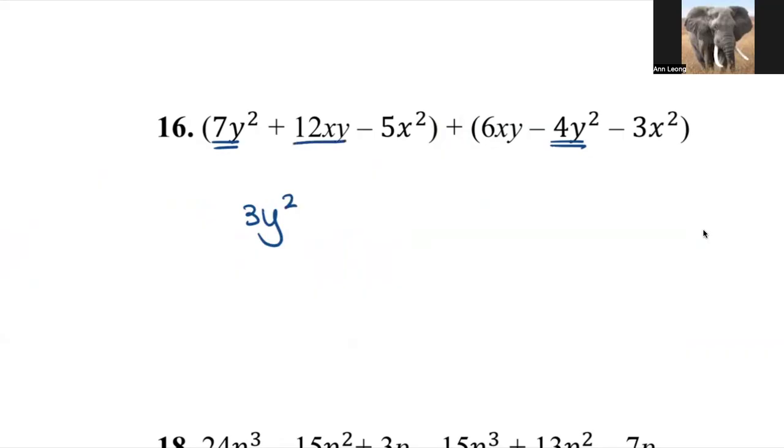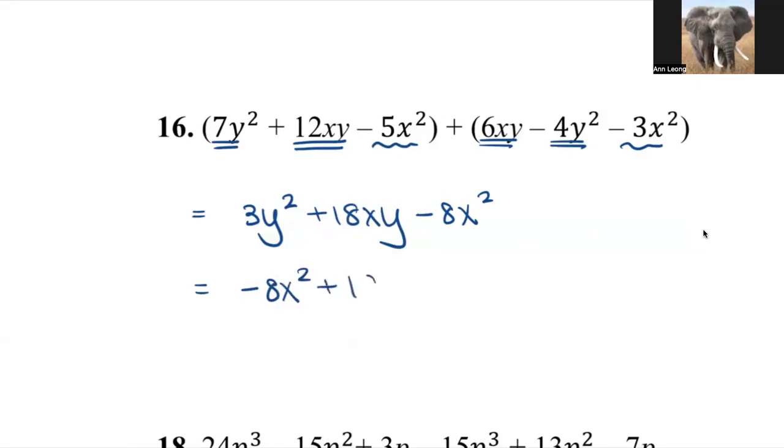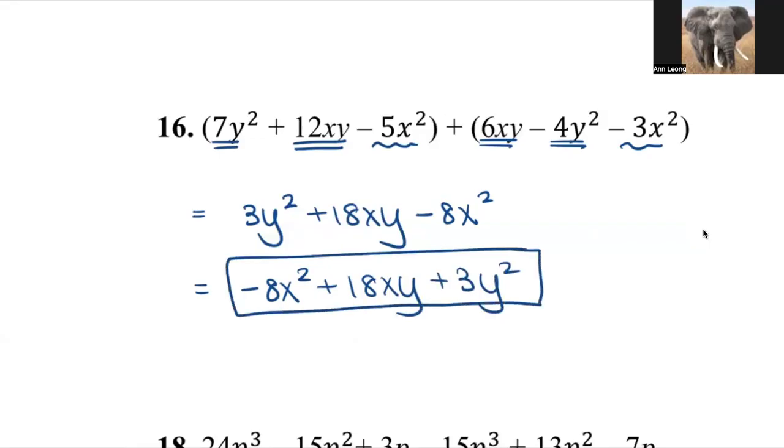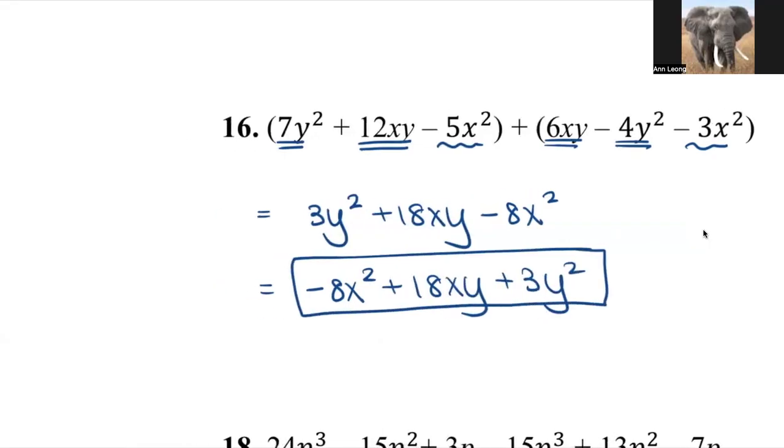I have my xy term, so 18xy, and then I have my x squared term, so minus 8x squared. In terms of the order, we typically like to do highest degree, then alphabetical, but if you left it like that, I would be okay. Technically, this is the appropriate order.